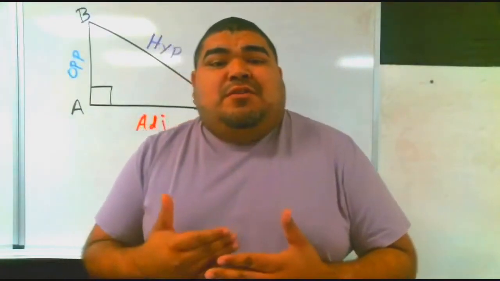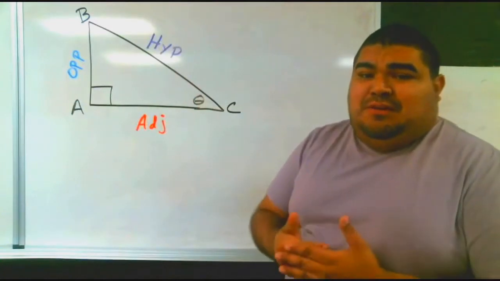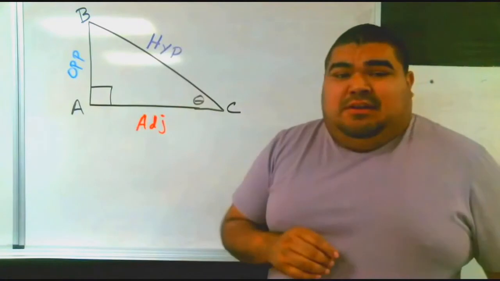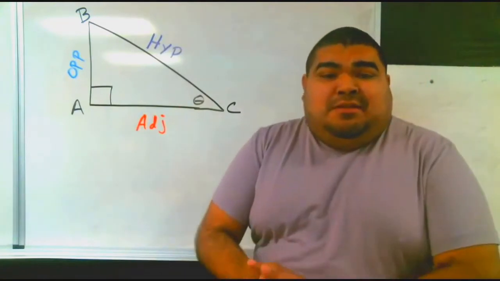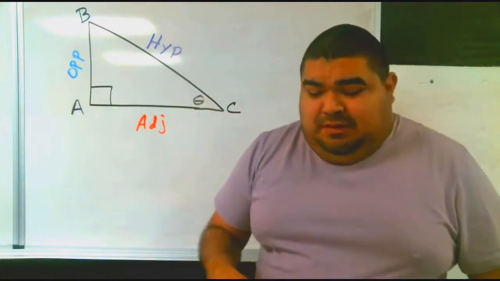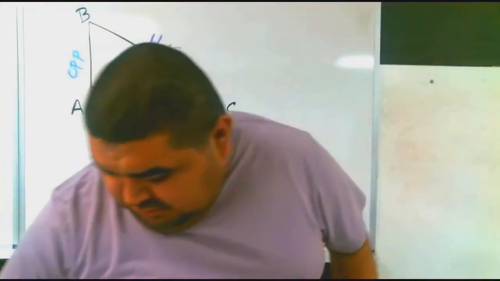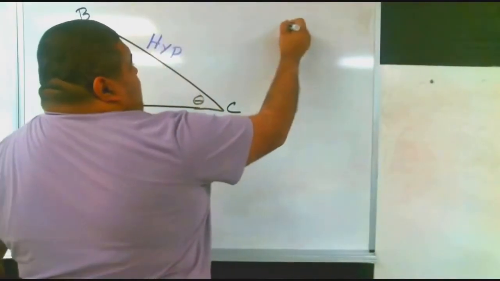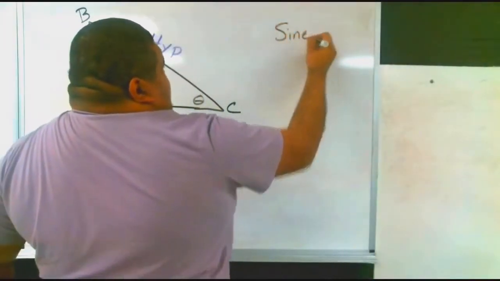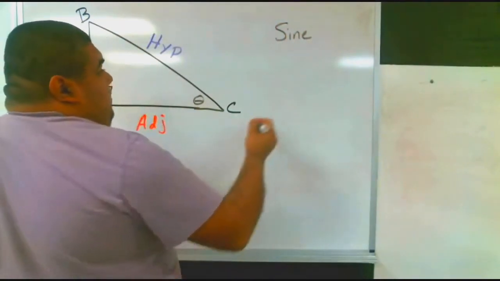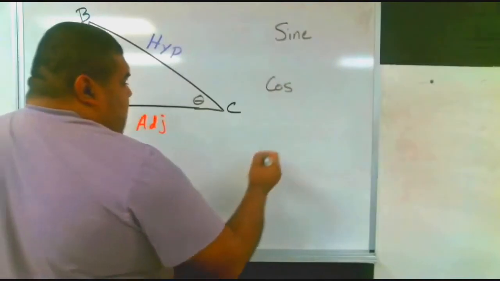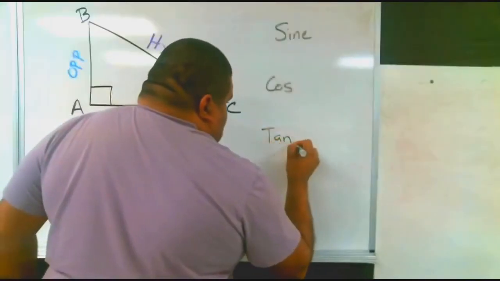Today, if we wanted to find angle C or angle theta, keep in mind, there's three things you need to know. There's something called sine, cosine, and tangent.